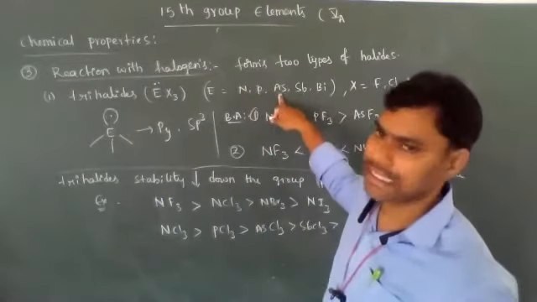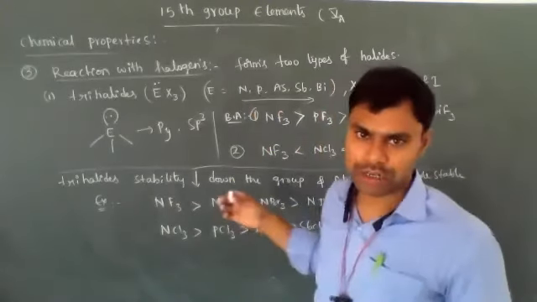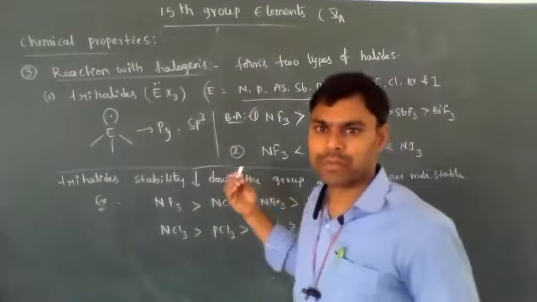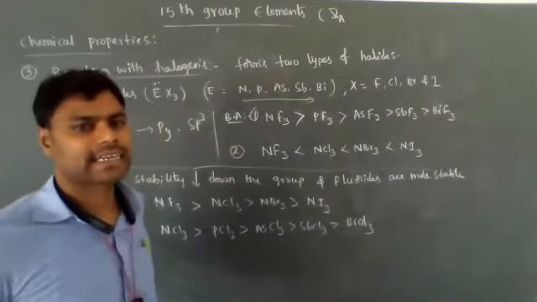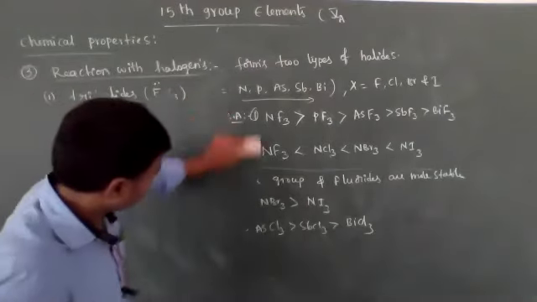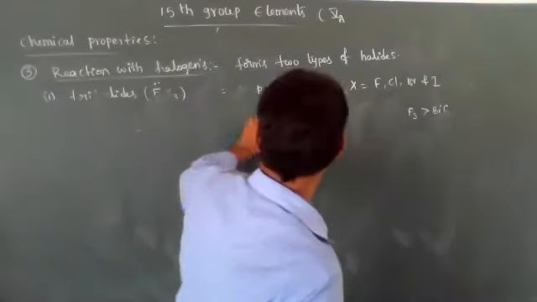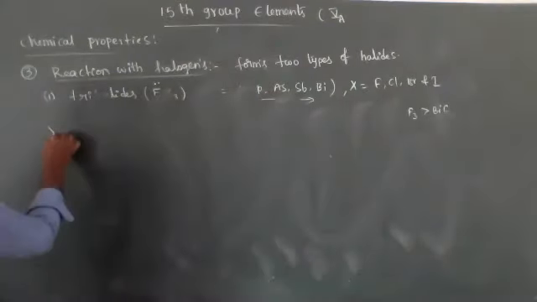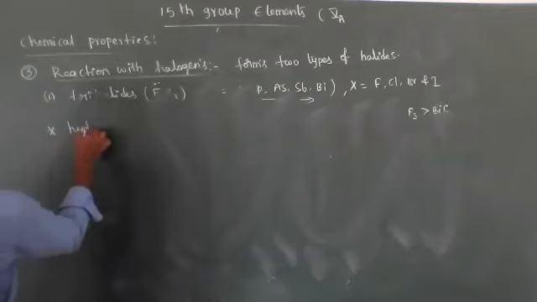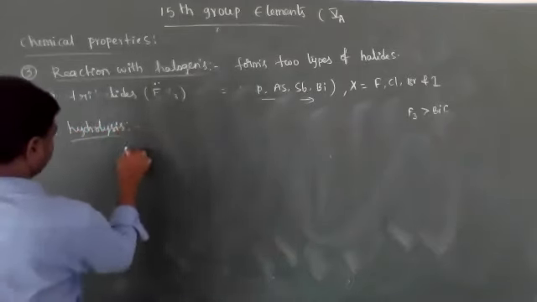From top to bottom in a group, what happens? Hydrolysis character decreases. Let's see hydrolysis of trihalides, for example NCl3.